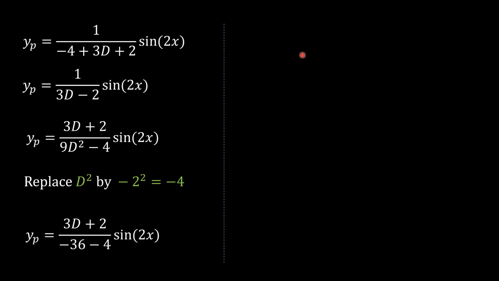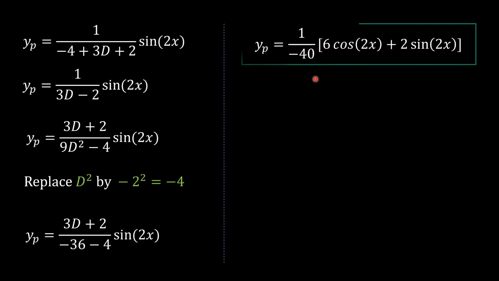That gives yp is equal to 1 upon minus 40, 3 into the derivative of sine 2x, which is 2 cos of 2x, so 3 into 2, that is 6 cos of 2x, plus 2 sine 2x as it is. This is the required particular integral for the given non-homogeneous differential equation.